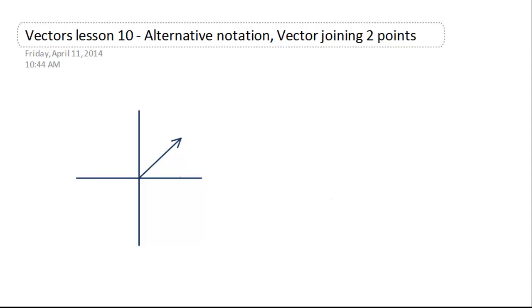Let's say this is the x coordinate of that point and this is the y coordinate. The way you would specify this vector, let's call it vector A, is vector A is equal to x times unit vector i plus y times unit vector j.